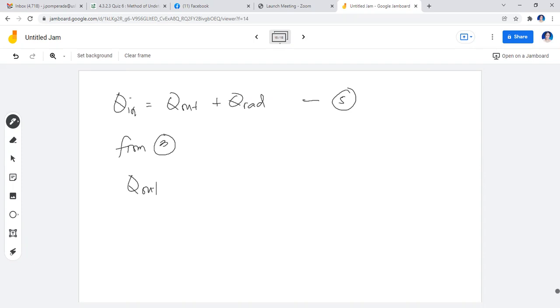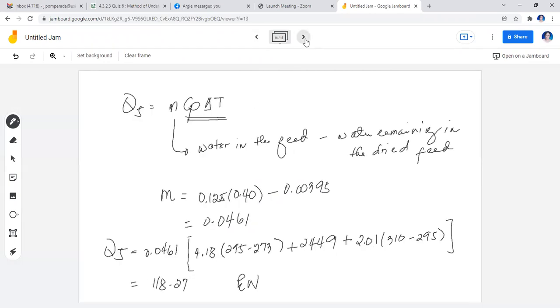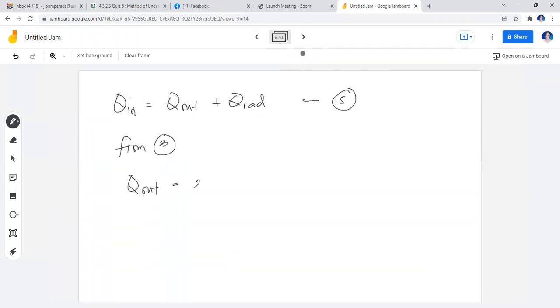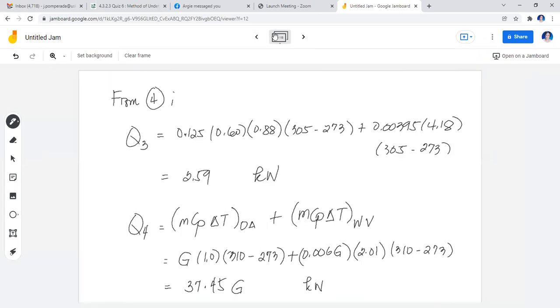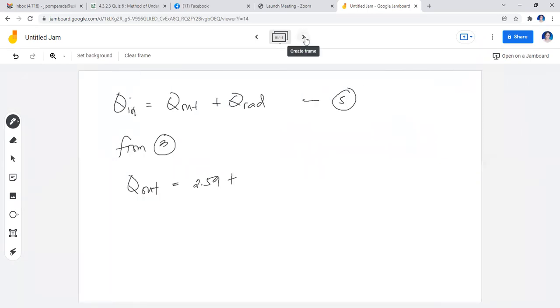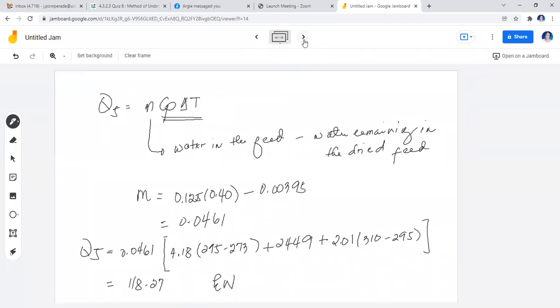So from 3, we need to add everything. So Q out is equal to 2.59, 137.45 G, and 118.27.